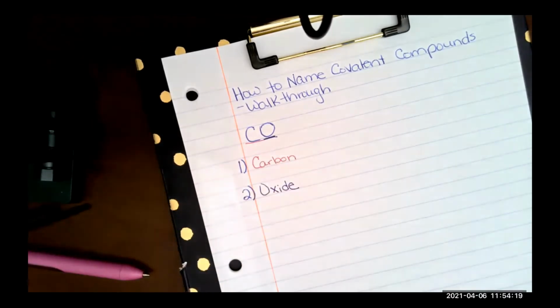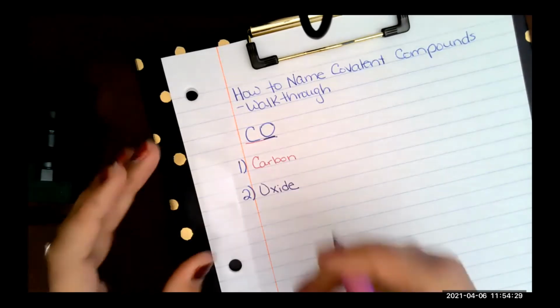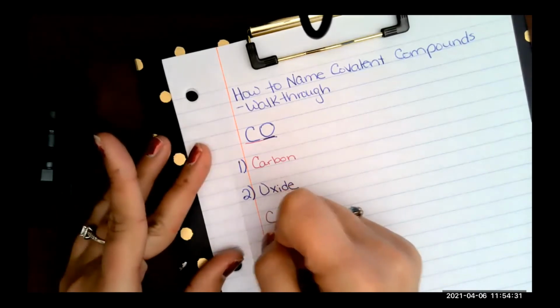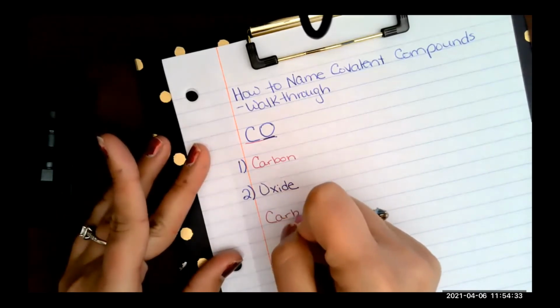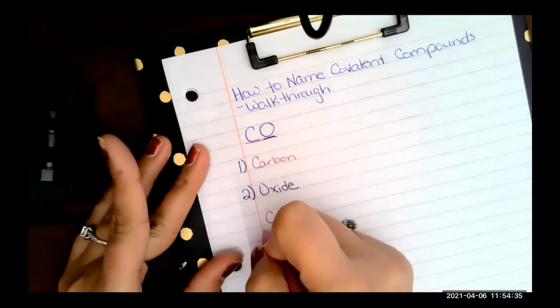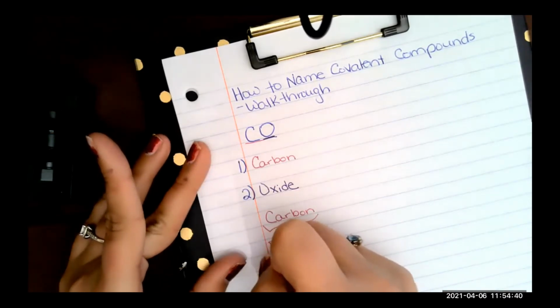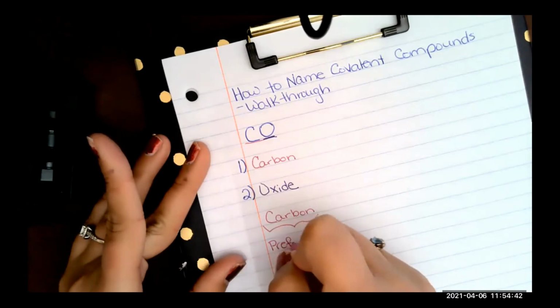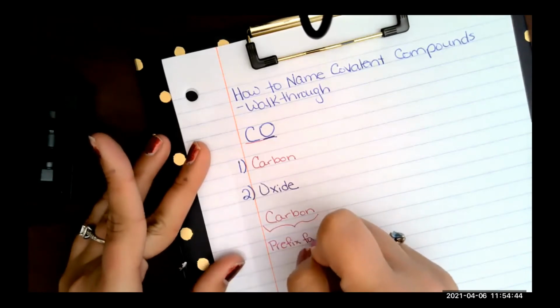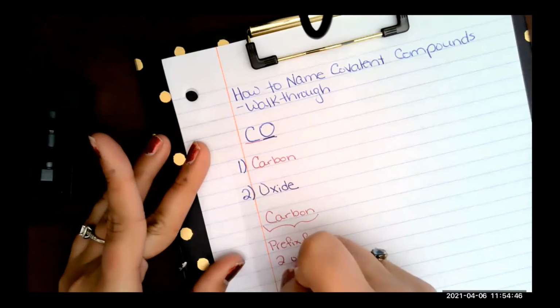Now, it says for step 3, you have to use prefixes except for mono in front of the carbon. So there's 1 carbon, there's no subscript, so we just keep the name carbon, because the rule is prefixes are for 2 or more.